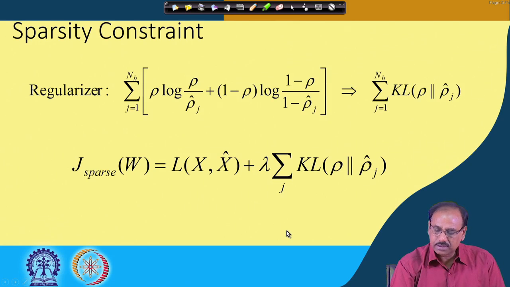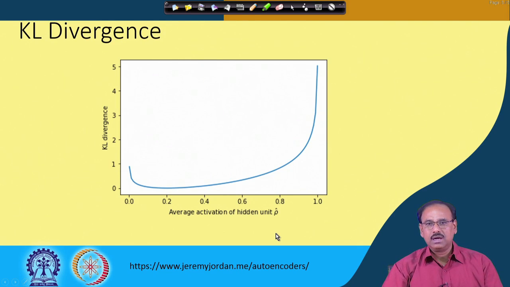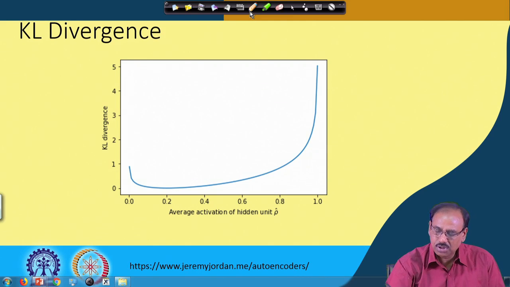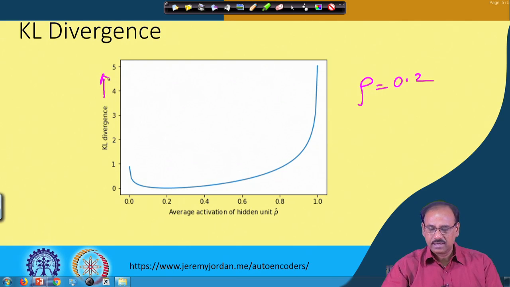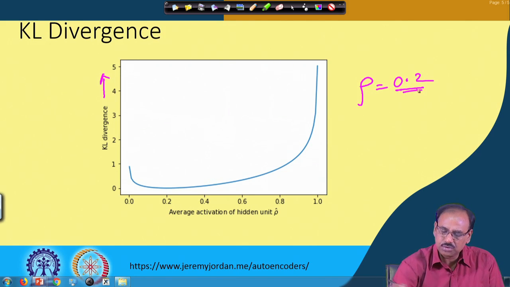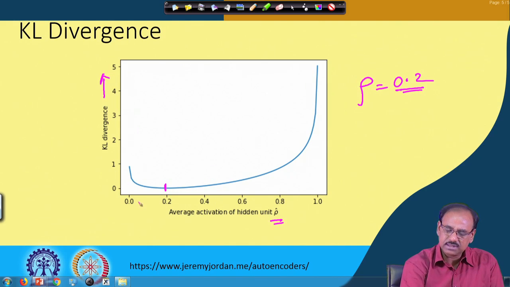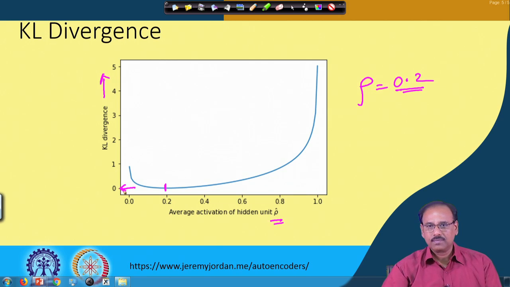You remember that this tells you how the KL divergence between the two distributions varies. Here you find that if I put rho, which is a constant, equal to 0.2, then when rho j hat is also 0.2, the divergence is minimum and equal to 0.